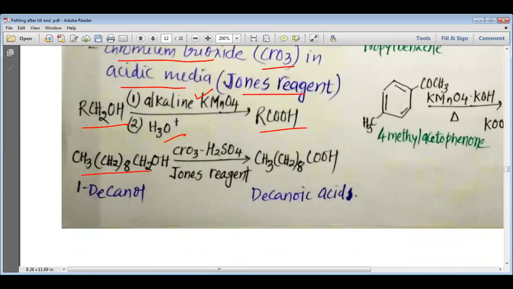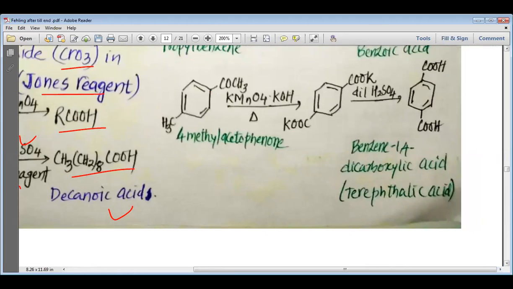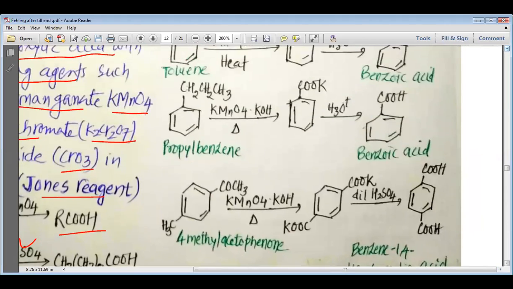Even a long chain alcohol which has 10 carbons, 1-decanol, can also be converted to decanoic acid by the Jones reagent, chromic oxide in acidic medium. Please remember the Jones reagent is the strong reagent which contains chromium oxide CrO3 in acidic medium.